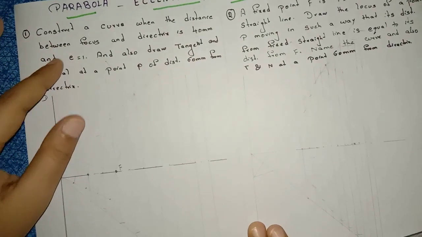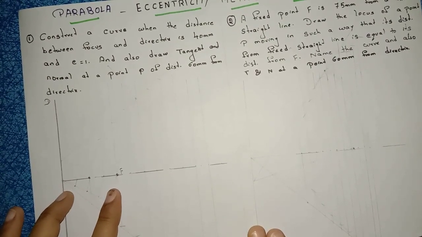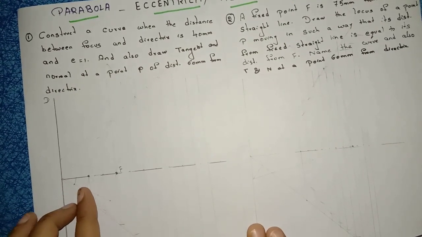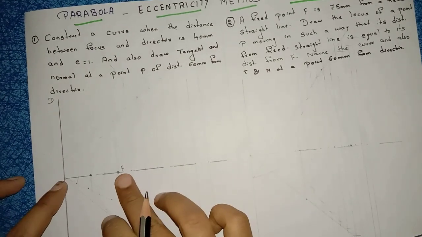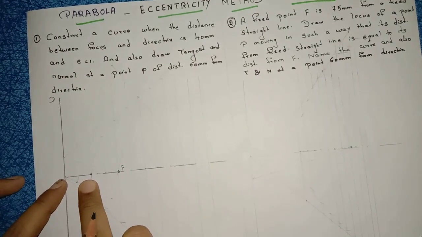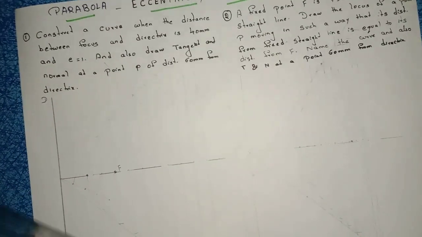That means you have to mark the midpoint of the length. You can mark the midpoint, or by constructional method also you can mark. Here 40 mm means midpoint is 20 mm. Directly you can mark 20 mm, or keep your protractor here and take 30 degrees angle.